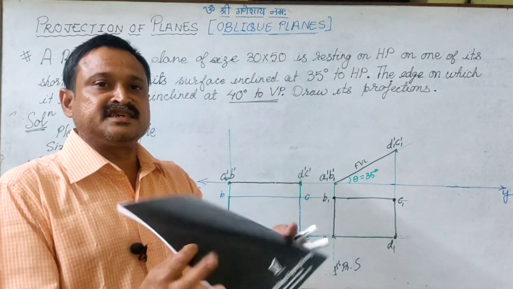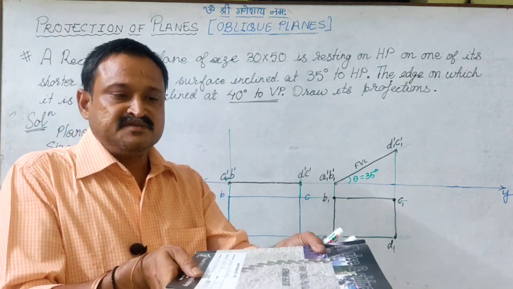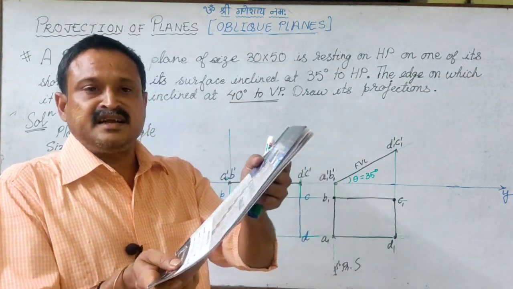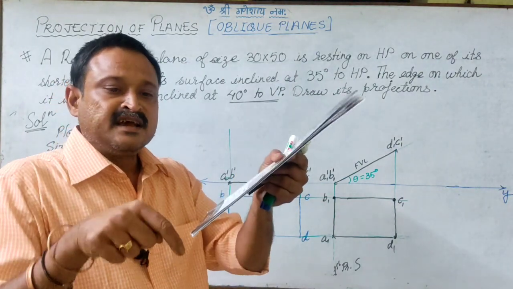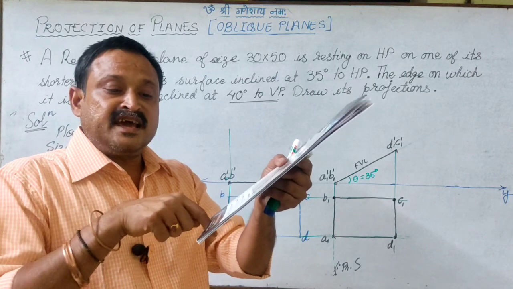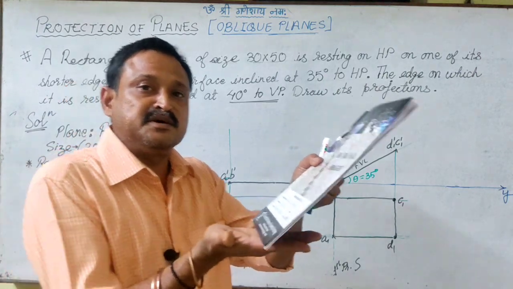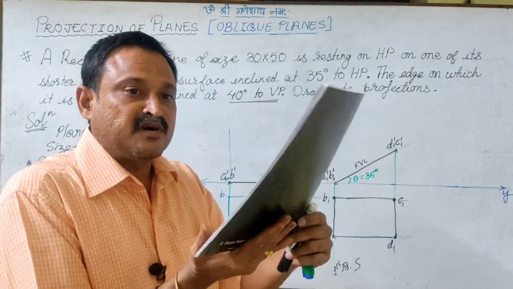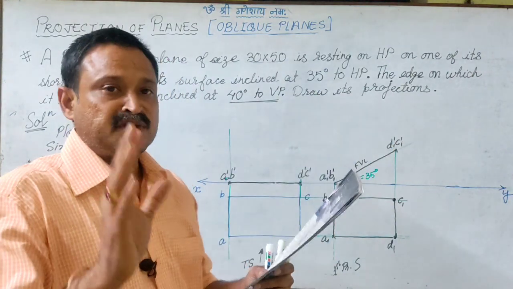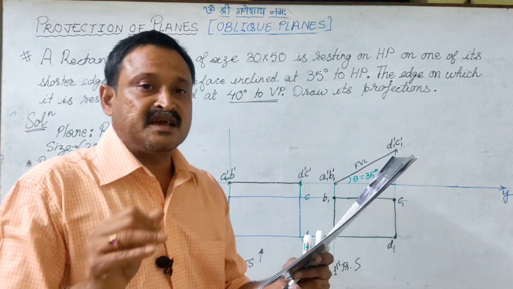Now the second condition is that we have to incline it. We have inclined it with theta, the surface inclination. Now it is said that the edge on which it is resting on HP is inclined at 40 degrees to VP. Now here you have to be very careful.